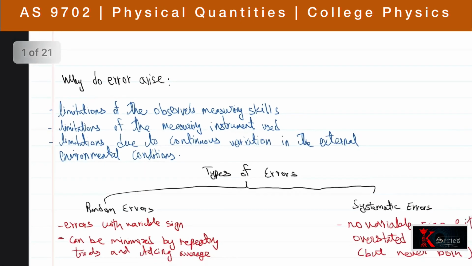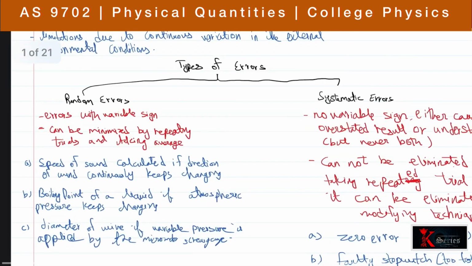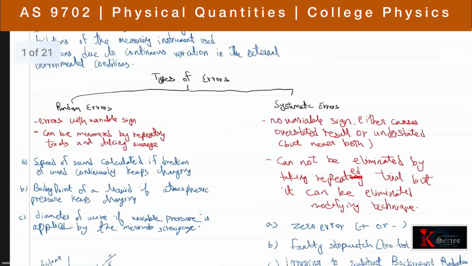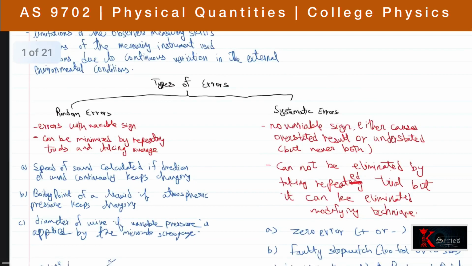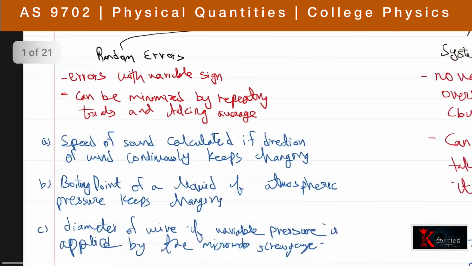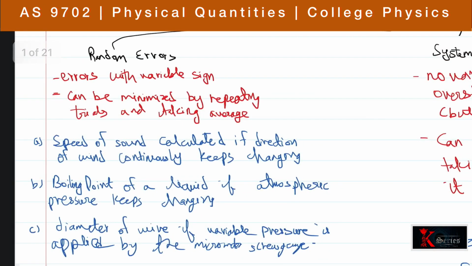So these are the three reasons why errors might arise. Now there are two different types of errors: random errors and systematic errors. What exactly are random errors? Random errors are errors with a variable sign, which means there is not only an overstated or an understated result. It can be both. It's not always a positive or negative result, not always overstated or understated.